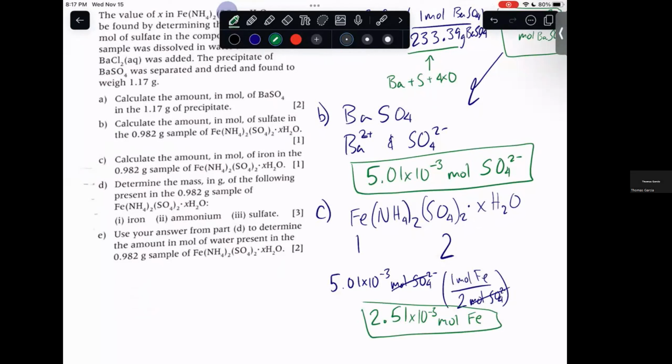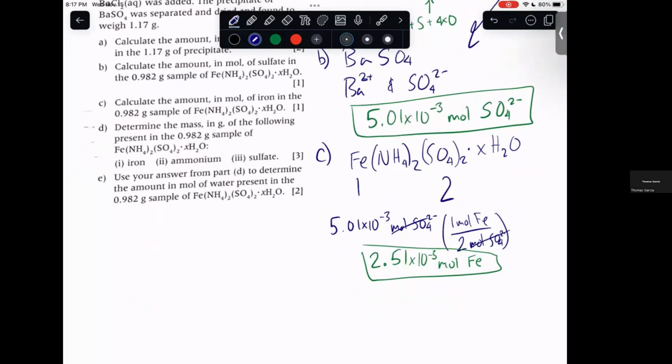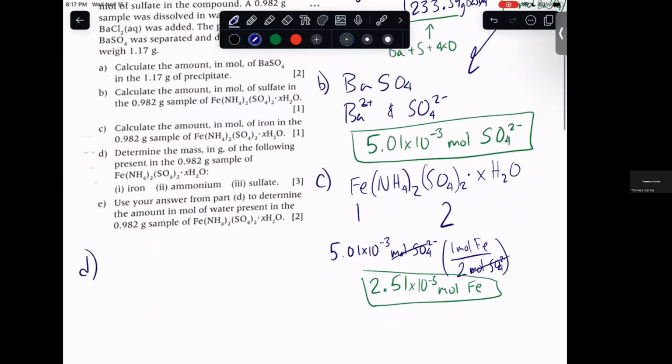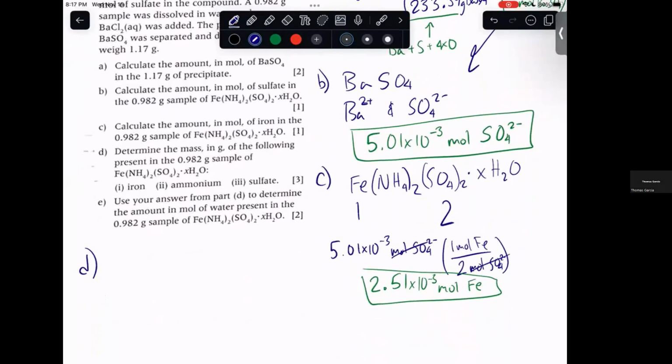All right, so we're never really using our original mass, and we will continue to not use our original mass because our original mass describes this sample, but the problem with the sample is that it has an unknown amount of something in it, therefore we can't do any stoichiometry with it yet. So determine mass in grams of the following present in the sample. So iron.